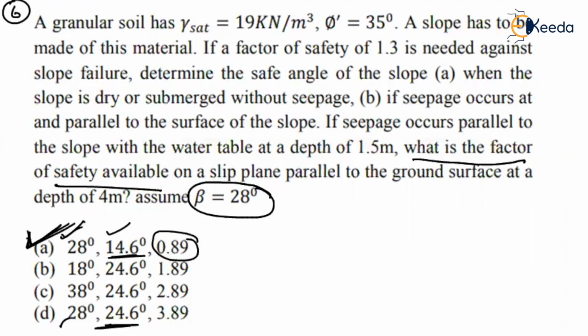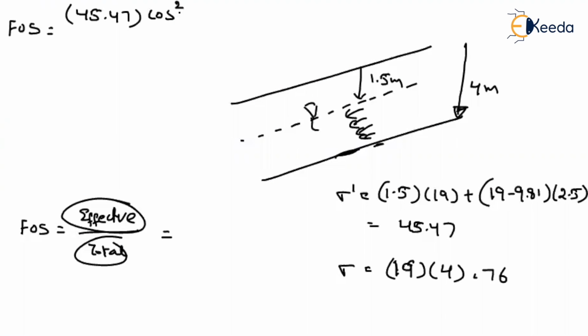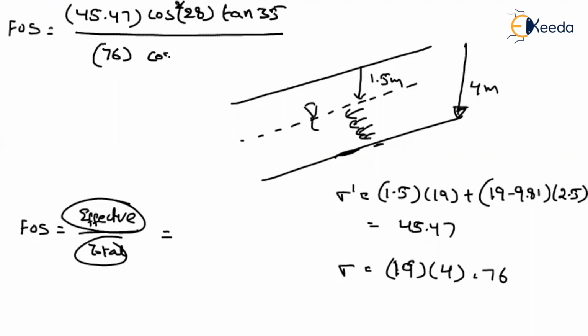If your angle is 28 degrees, then 28 into tan phi, tan 35 degrees, divided by the total value 76 into cos 28 into sin 28. So if you solve this, you will get a factor of safety of around 0.89.